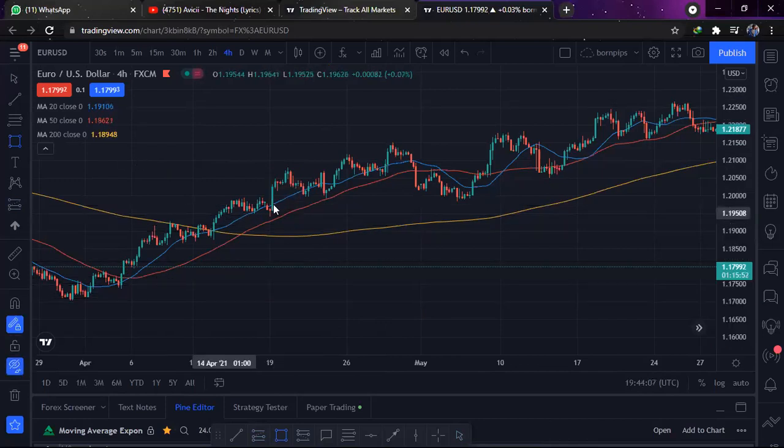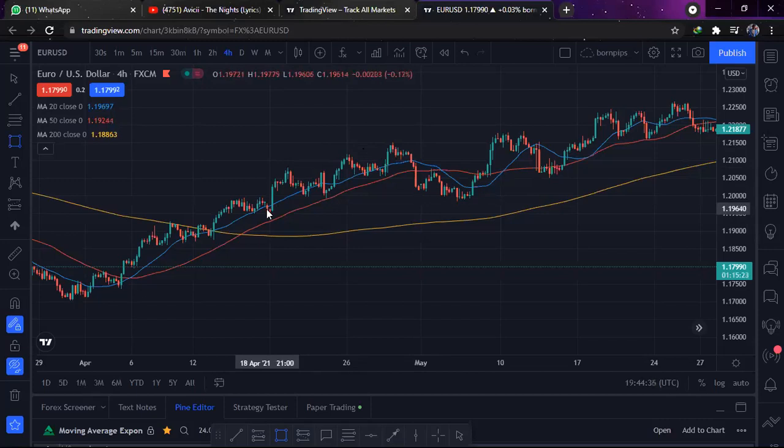So we enter the first trade right here, and then it went above here. We exited the second trade here, and then our third trade here. We entered 3 trades, and the first one was 100 and something, so let's say 100, and then this one was 80. So 280.